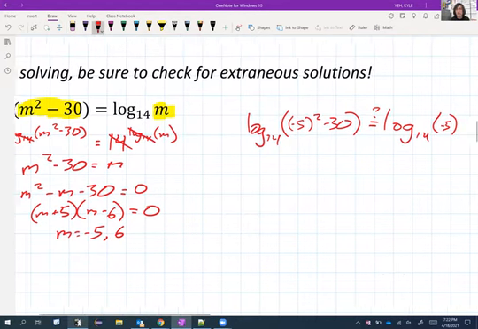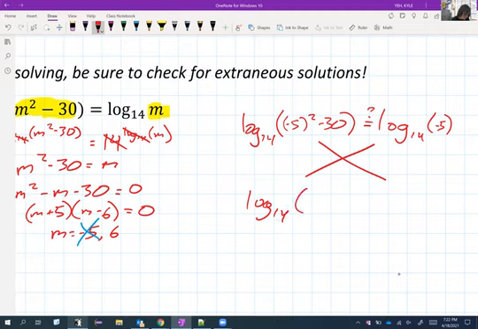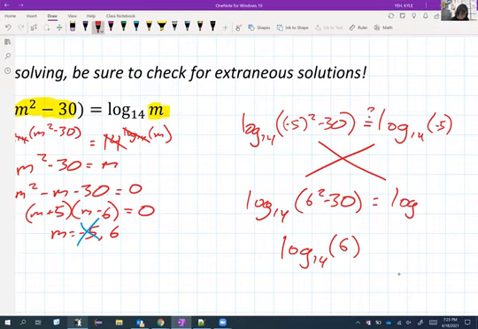And immediately on that right-hand side, I say, wait, log of a negative, that cannot work. But what about if I plug the 6 in? Log base 14 of 6 squared minus 30. So that would just be log base 14 of 6, because 36 minus 30 equals log base 14 of 6. Everything is positive. They equal the same thing.